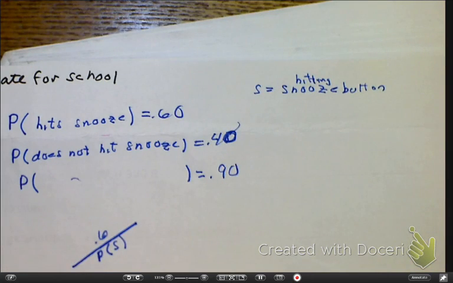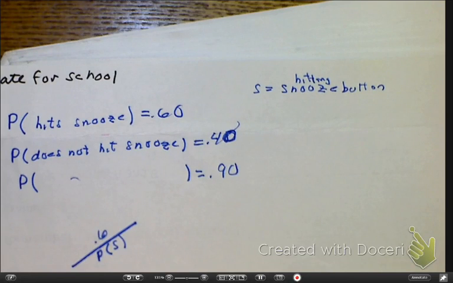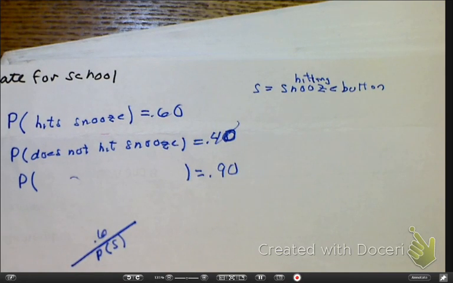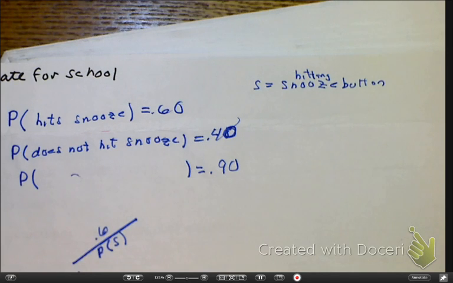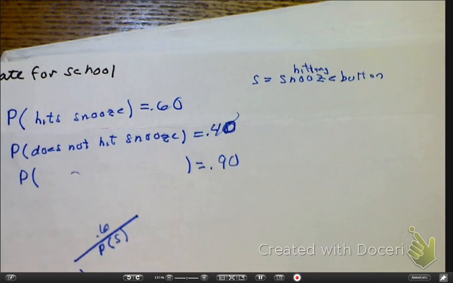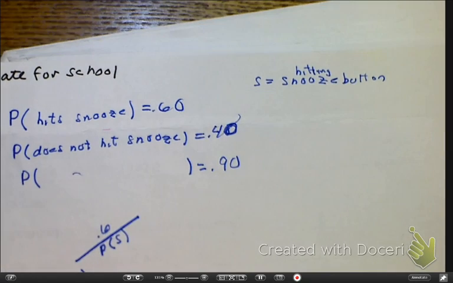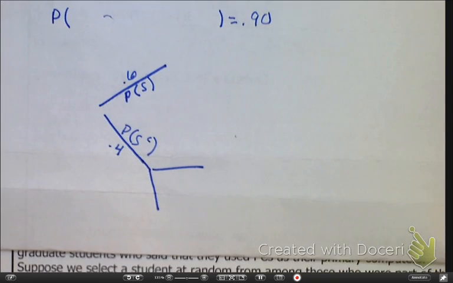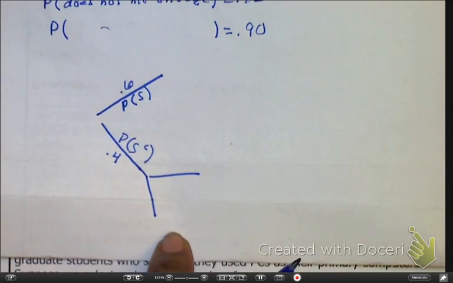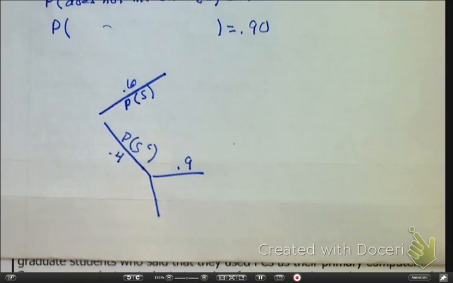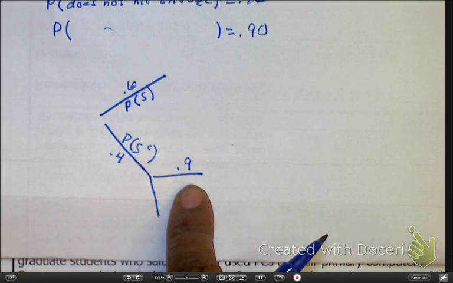Now you have a probability right there of 90%. But what happened 90% of the time? If she did not hit the snooze, she made it to class on time. So down there is the branch. Your 90% goes there, but what notation goes there?